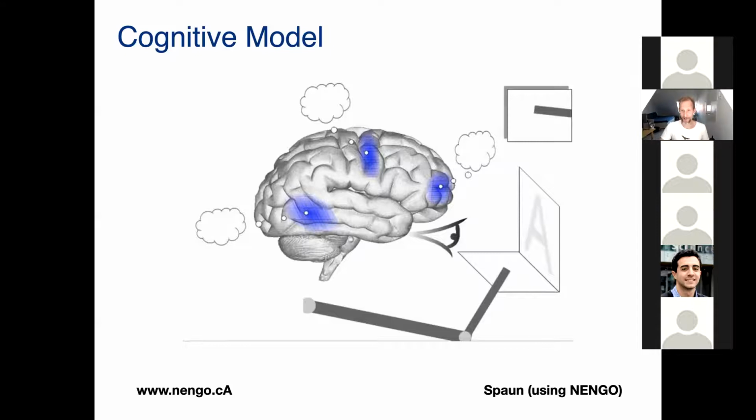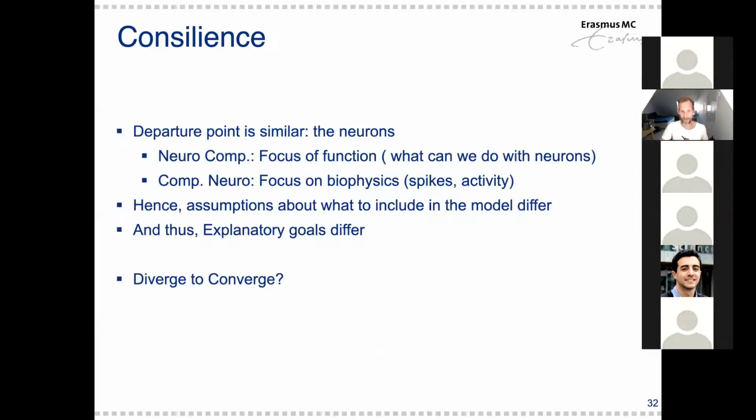And so this brings me to the last slide of this flyby. The departure point of the two is similar. It's the neurons. So we think brains work with neurons, but neural computation focuses on function, what can it do, and computational neuroscience focuses on biophysics.